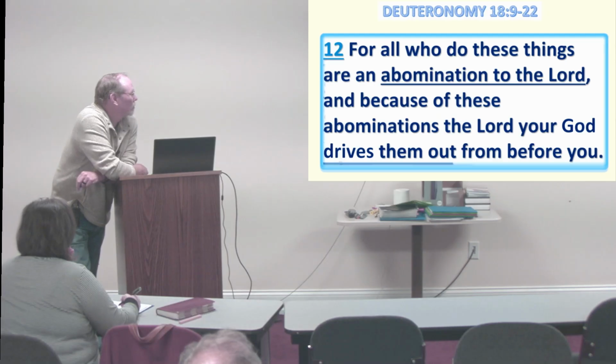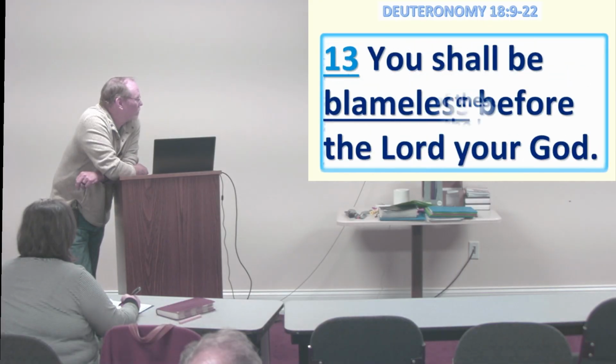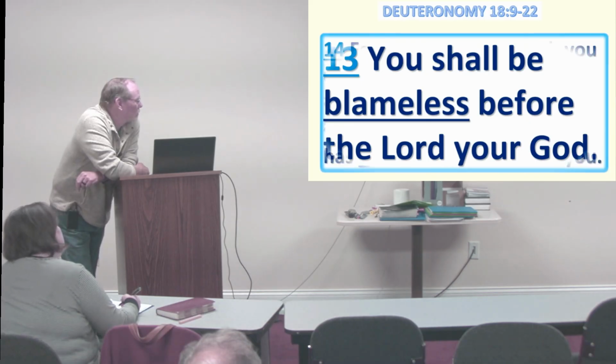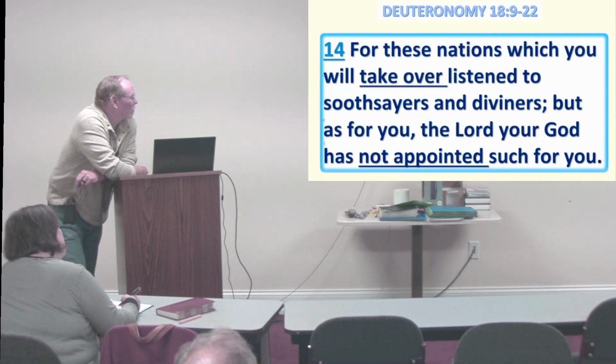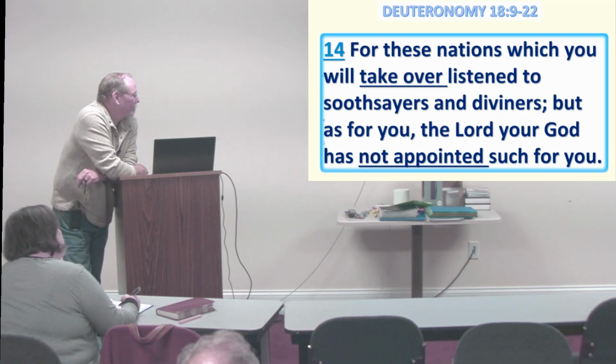For all who do these things are an abomination to the Lord, and because of these abominations, the Lord your God drives them out from before you. You shall be blameless before the Lord your God. These nations which you will take over listen to soothsayers and diviners, but as for you, the Lord your God has not appointed such for you.